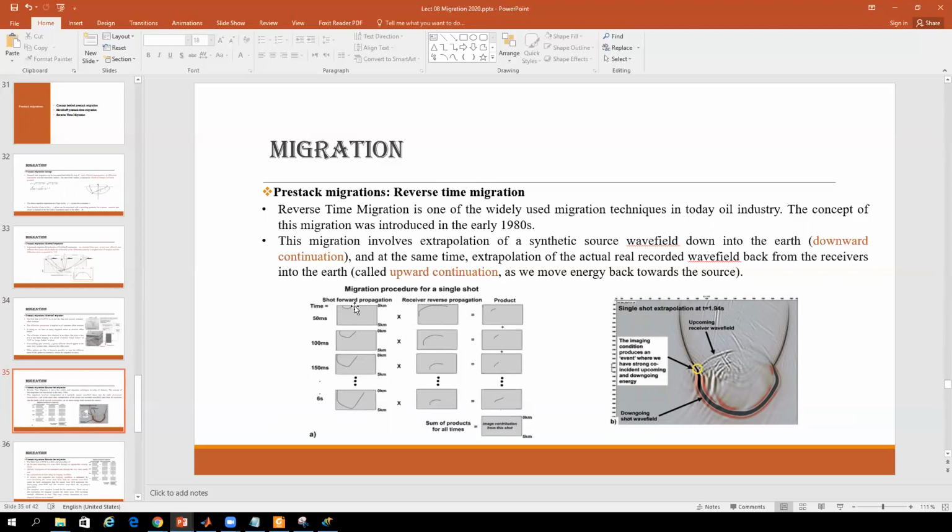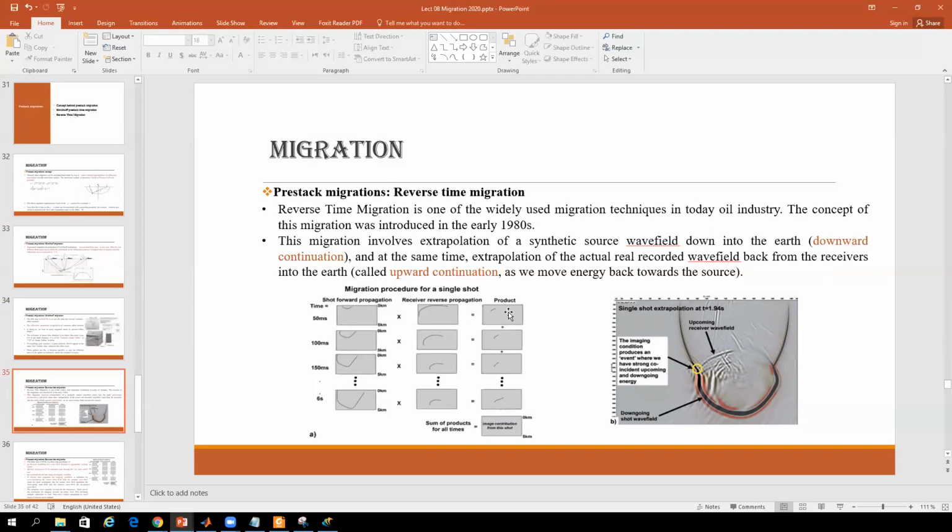For example, at the time 50 milliseconds, we see the wave equation when it is propagating downward, and here we see the wave when it is propagated upward. Here we are using the real gathers, and here we are using the synthetic gathers.